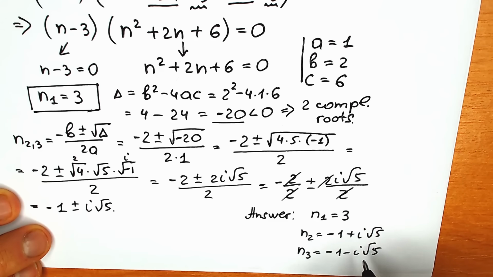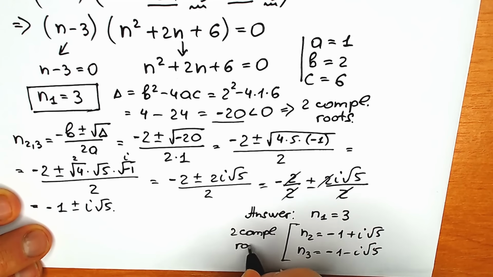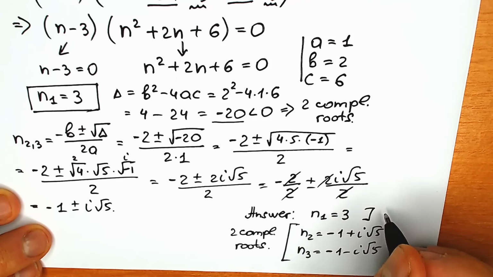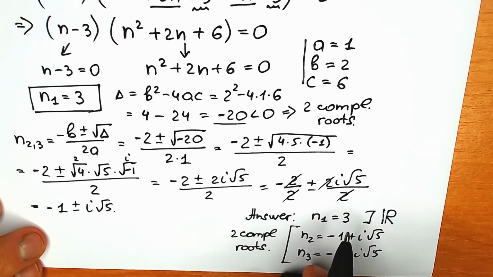And of course you can easily see that because of this imaginary unit, right here we have two complex roots, and this one is a real number root. Yeah, we have n equal to 3.